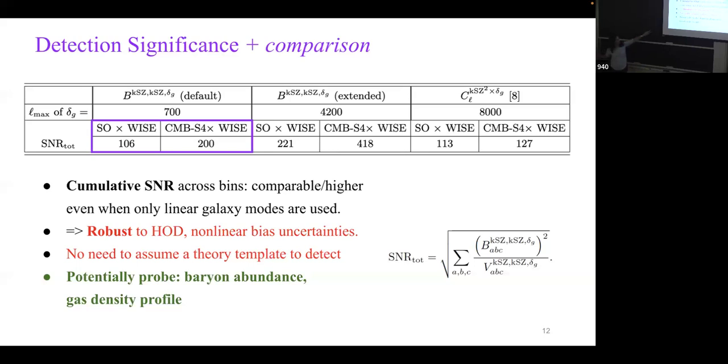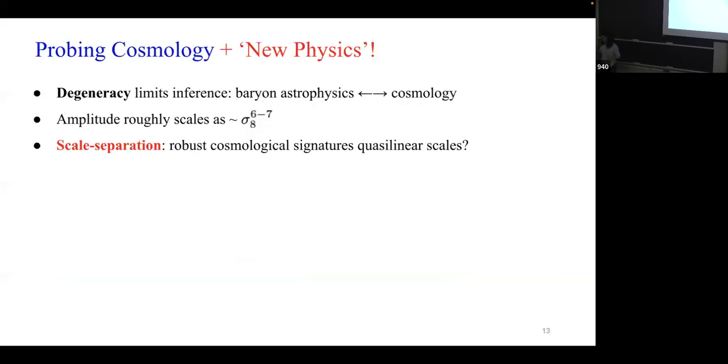And aside from getting information about the gas density profile or the abundance of baryons, as I mentioned earlier, we can also use this as a cosmological probe. Now, as with any KSZ statistic out there, your inference is limited by this degeneracy between how well you know the baryonic astrophysics, and that dictates how well you can constrain the cosmology.